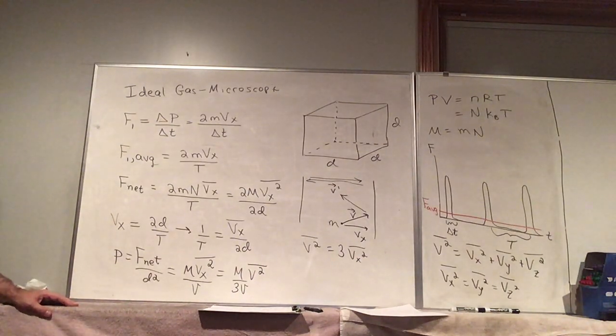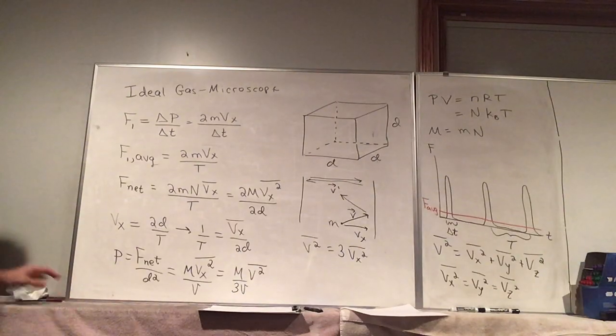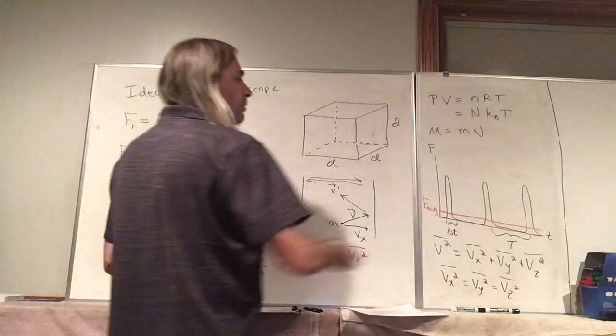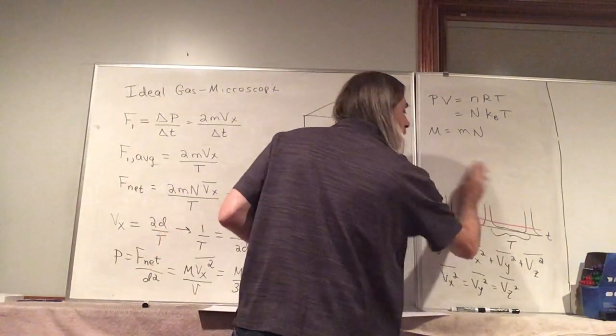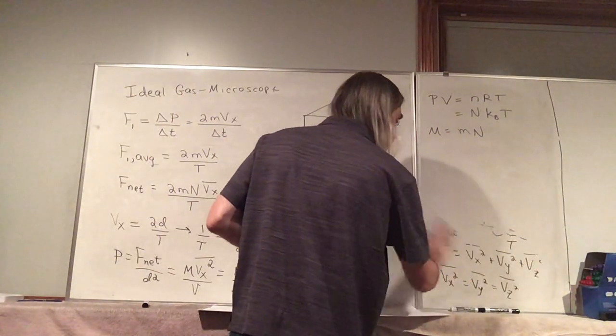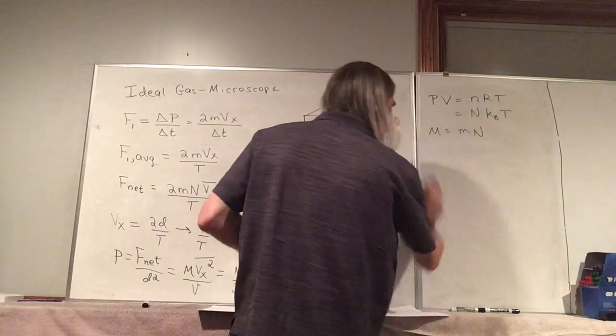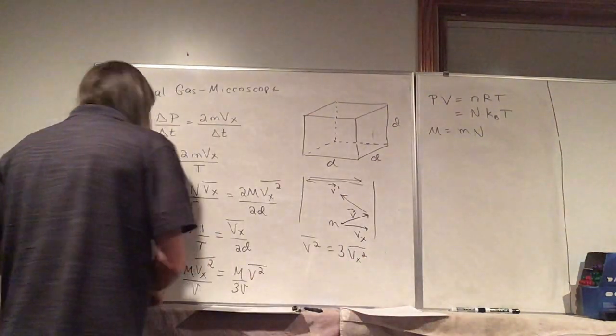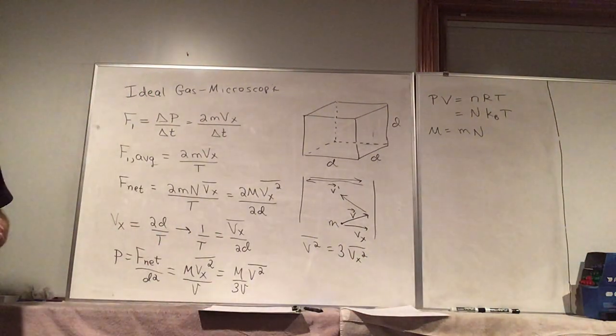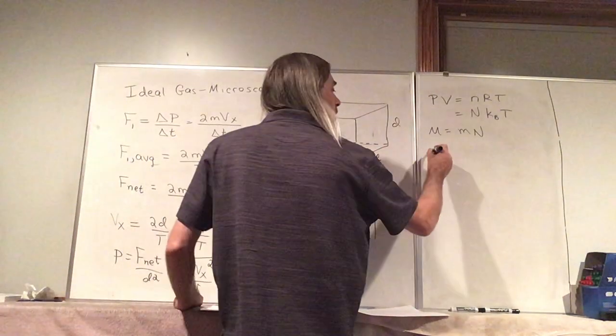All right, so I'm going to erase this stuff here. We're going to like to use this board on the right for things we want to save. So I'm going to write the result.